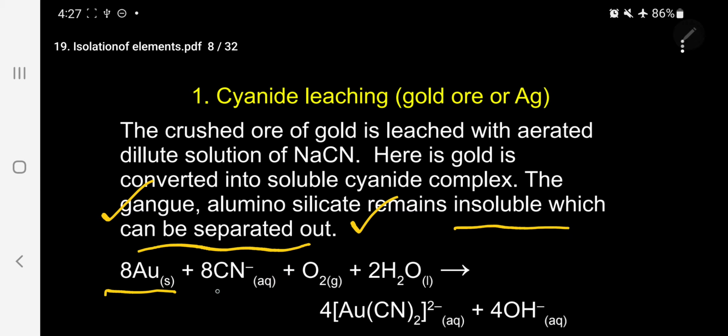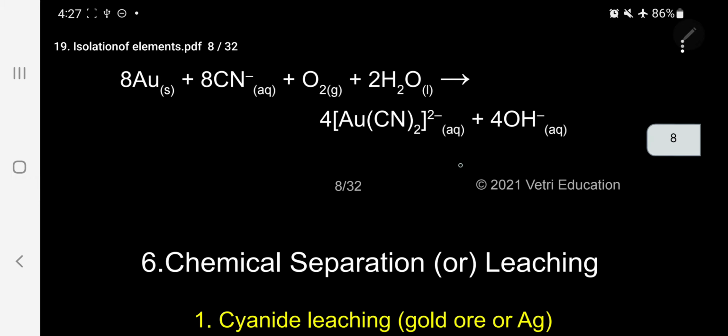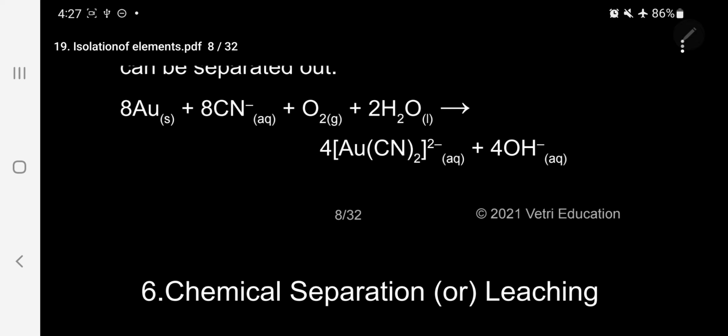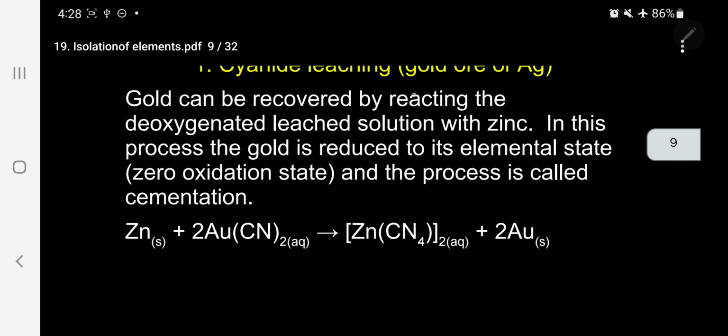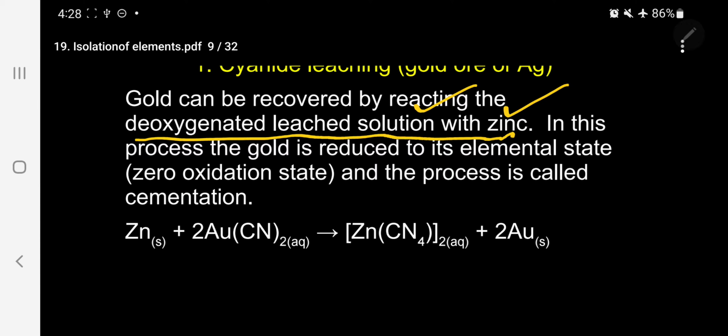See, gold, cyanide ion, oxygen, in the presence of water, the complex is formed with the gold and cyanide ion, along with OH minus. So we are removing the gold from the impurity, or silver from the impurity, with the help of cyanide. Kindly follow. The next step: the gold can be recovered by reacting the deoxygenated leaching solution with zinc.